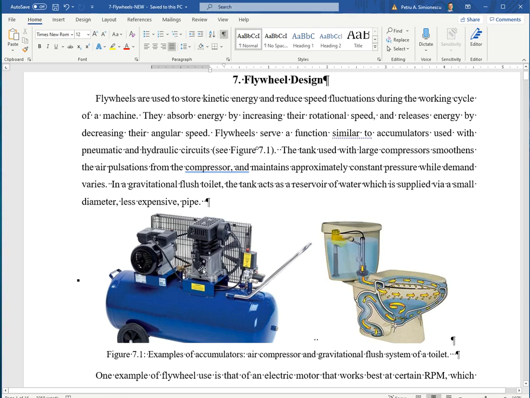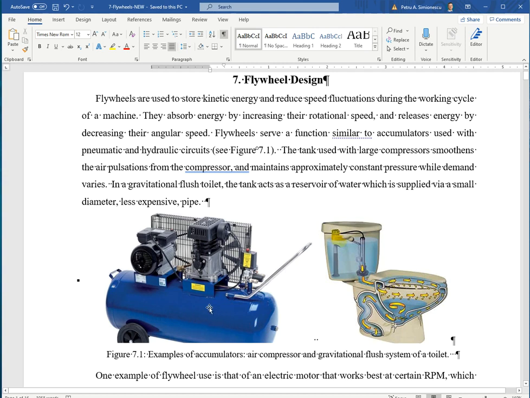So for example, this air tank or the air compressor with a tank, the tank serves to absorb the pulsing air that's coming from the compressor and supply it as a continuous flow of air at about steady pressure.